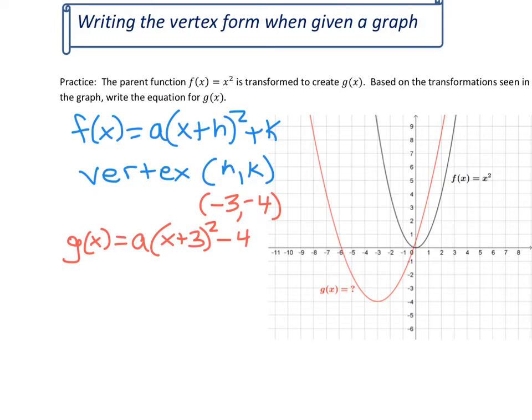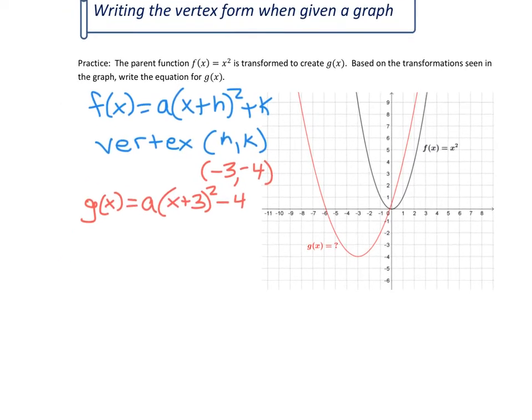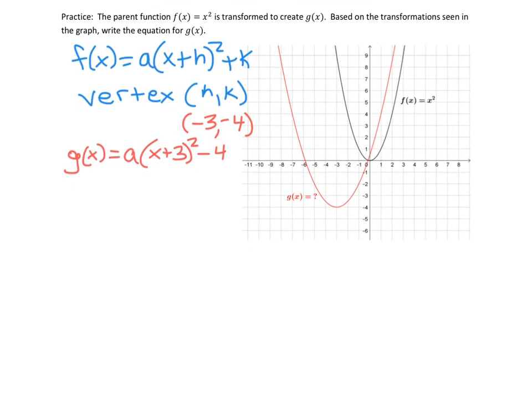Now, how do we determine what the stretch is? We can determine the stretch a couple of different ways. My preference would be to look at the vertex here and try to see what's happening versus our parent. So our parent, I'll make a little table for the parent.